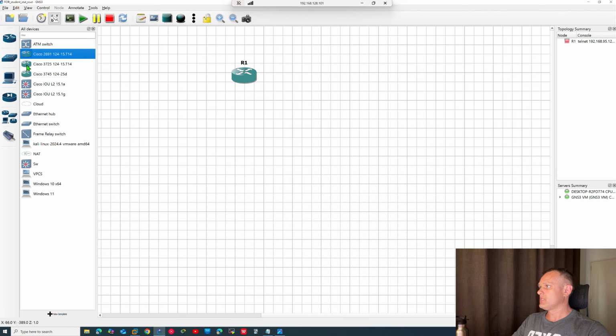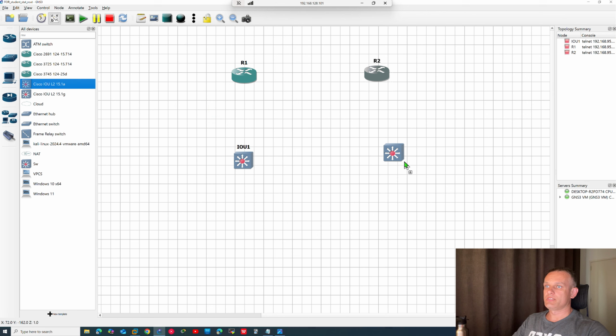Two routers I need. Router 1, router 2, align them here. Then I'm going to use this switch also, these two switches, one and a second one, like here.